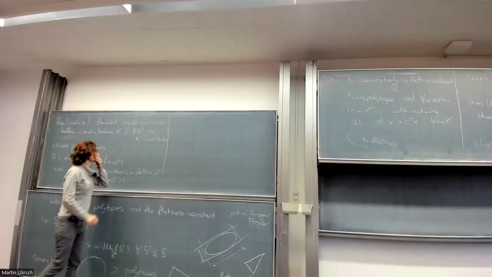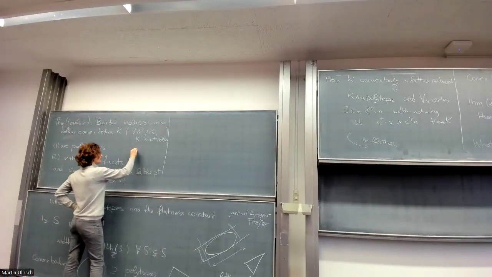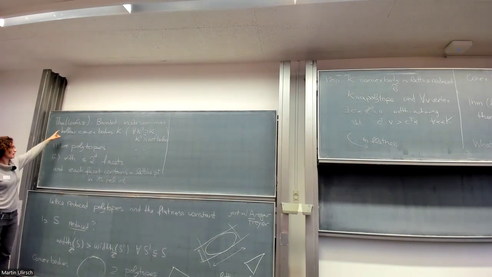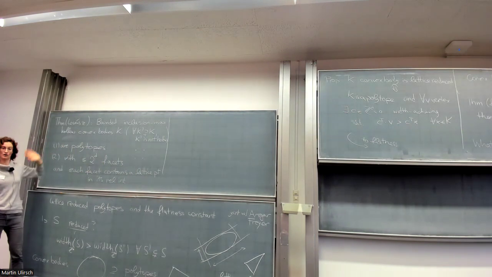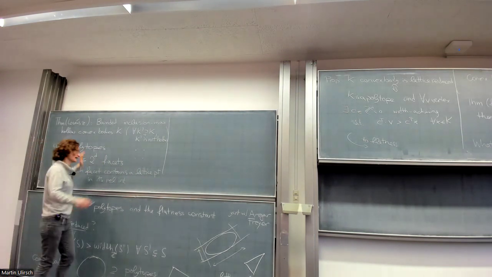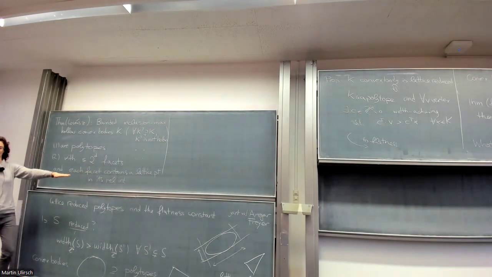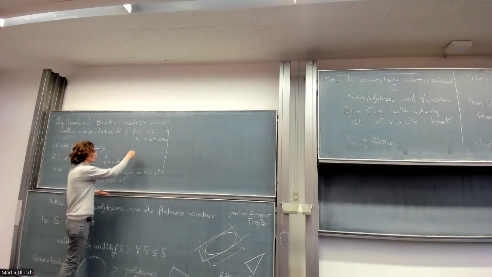Like if you are inclusion maximal, you have these properties, and if you have these properties, you are inclusion maximal. It is an if and only if. As long as each facet contains a lattice point in its relative interior, you can't get anything bigger.